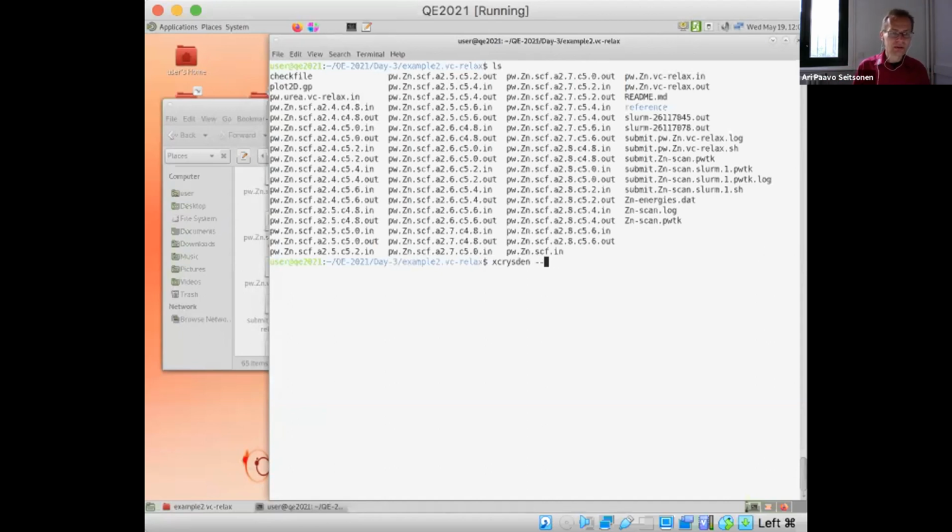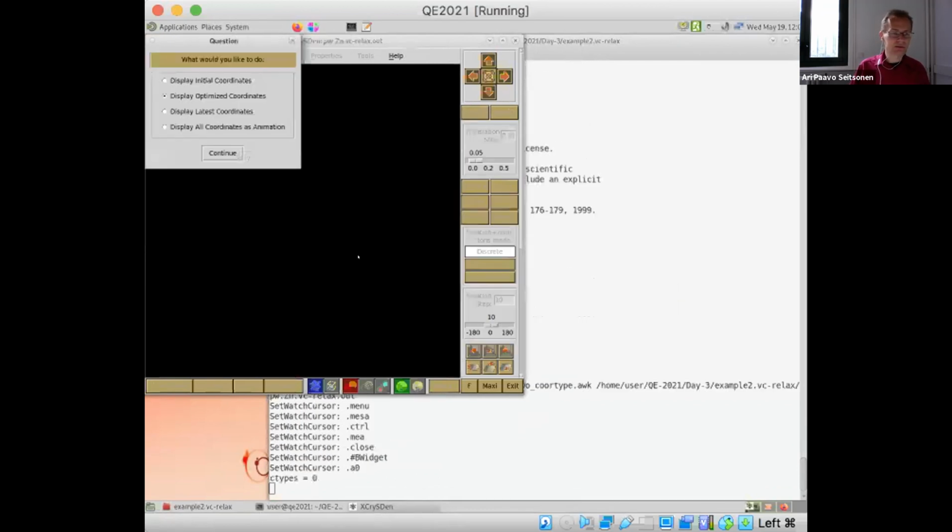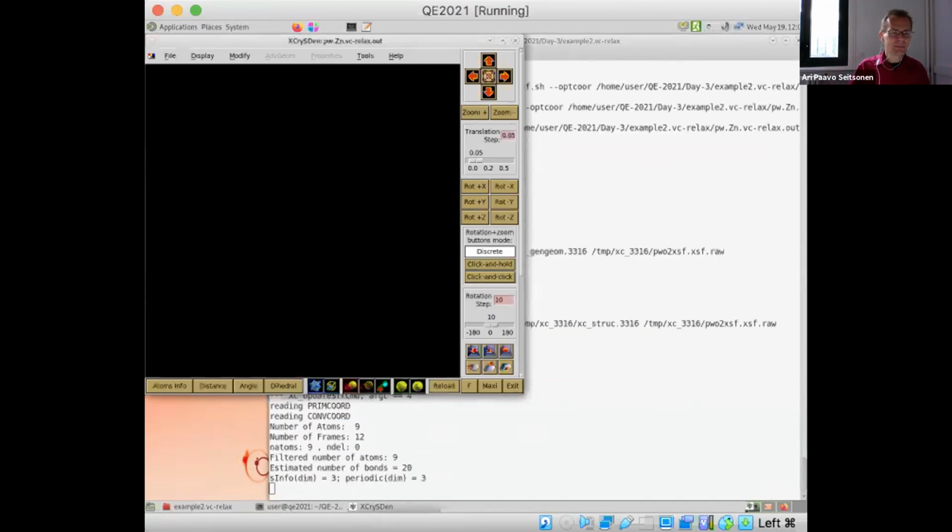So now we visualize these outputs that we got from the remote cluster. So this was the VC relax calculation, and this is the output. So now we don't reduce dimensionality because this is actually a really deep three-dimensional system. I only show the final geometry. It's not very interesting because it actually only changes the lattice constants.